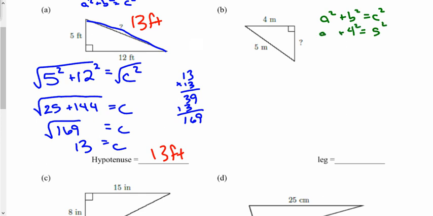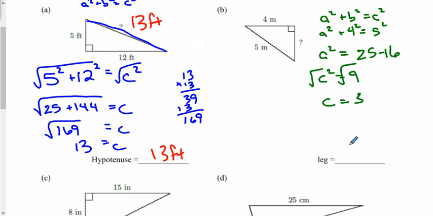Just looks like that. And so we don't know this one. We're going to subtract this over. So I could say this, a squared equals 25 minus 16. I just squared those. a squared equals 9, and then a will equal 3 because we're going to square root them. This will be 3 meters. Don't forget your label.